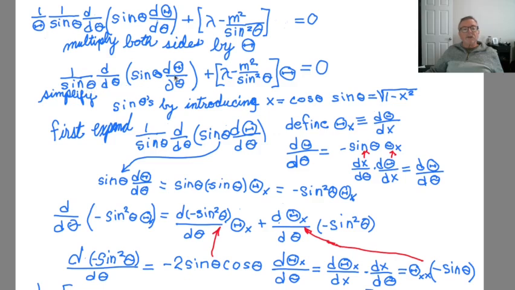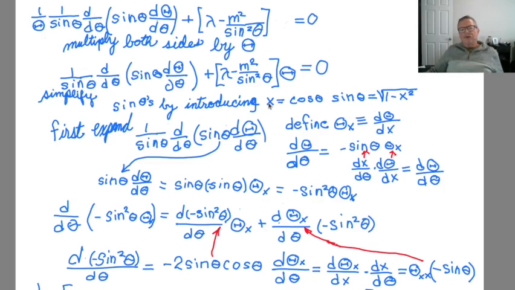Let's see, what can we do next? Here's what's going to happen that is going to be a little bit confusing, but that's what we're here for, to explain away the confusion. We're going to simplify the sine thetas by introducing x equals cosine of theta. Now, how can we just throw in an x?